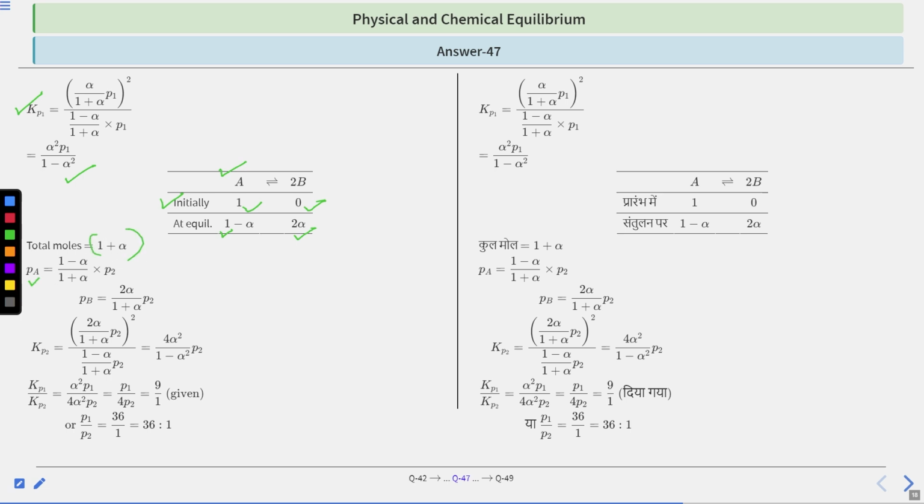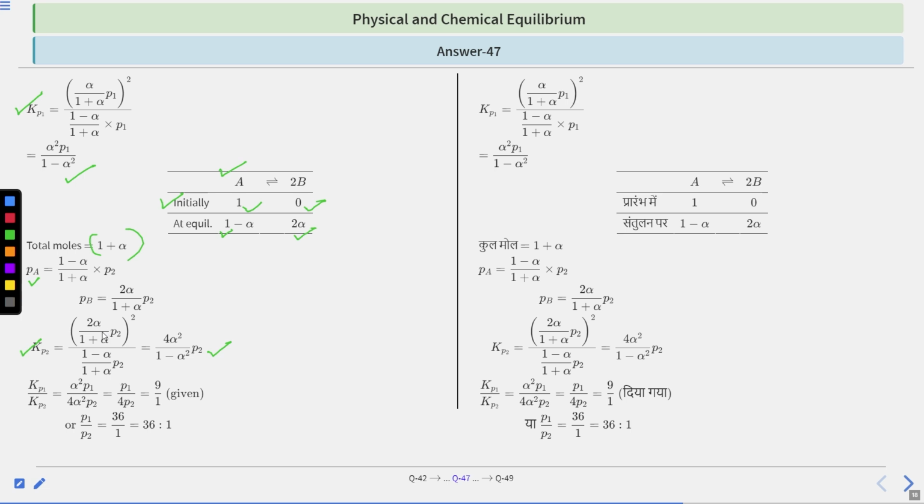The partial pressure of A becomes (1 minus alpha) upon (1 plus alpha) times the total pressure, and the partial pressure of B becomes 2 alpha upon 1 plus alpha times P2. So Kp2, the partial pressure of products divided by that of reactants, comes out as 4 alpha square divided by 1 minus alpha square times P2.